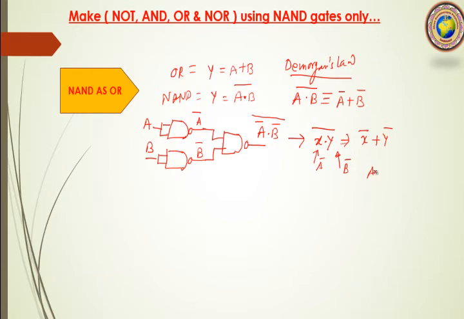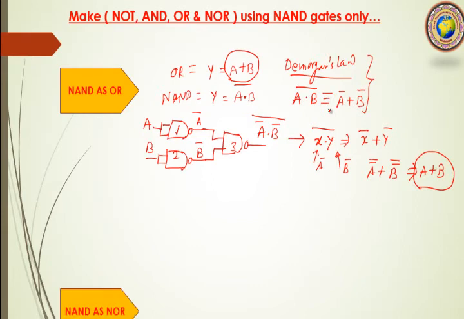So here A bar then B bar, bar bar, so this changes to A plus B. This is similar to our OR gate. So these three NAND gates set in this manner, 1, 2 and 3, make NAND as an OR gate. For the proof we have to use De Morgan's law.